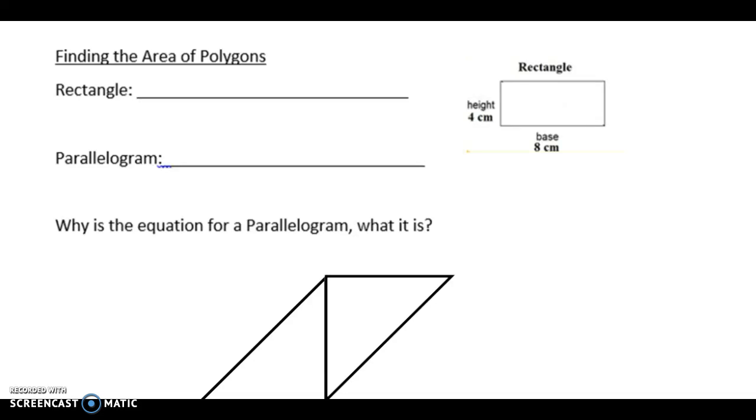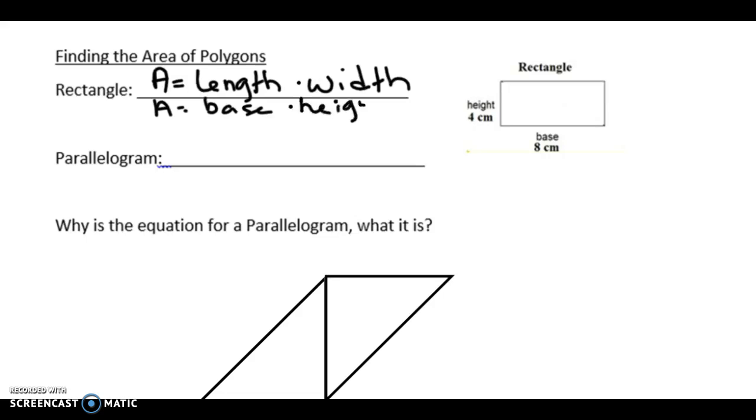To review, to find the area of a rectangle, the equation is length times width, but we can also call that base times height. Okay? Because over here we've got the base, which is the same as the length of the rectangle, and we've got the height, which is the same as the width.